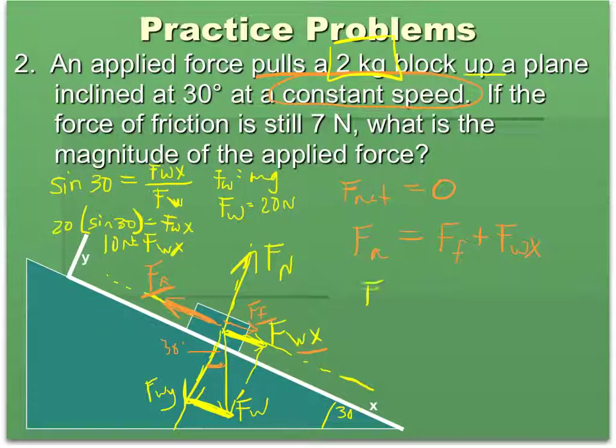So I can come over here now and say that my applied force, which is what I'm solving for, is equal to my frictional force, which it told me is 7 newtons, plus my Fwx, which we've just calculated to be 10 newtons. And when I add those together, that's going to give me a total applied force of 17 newtons up the ramp.